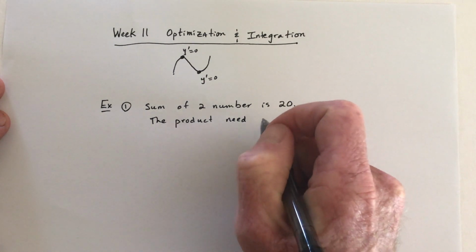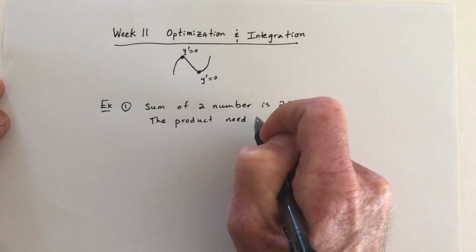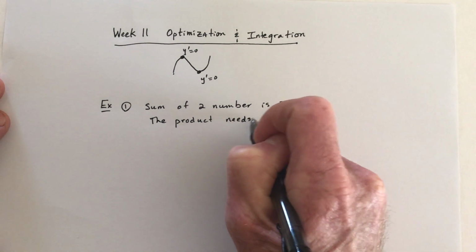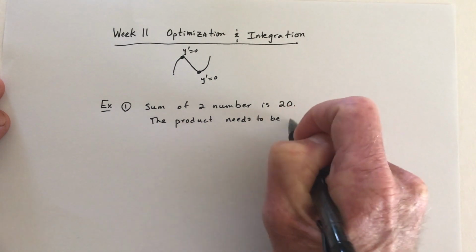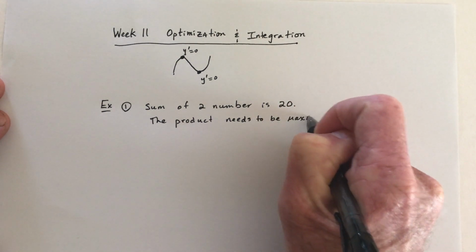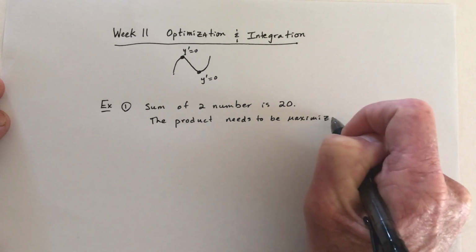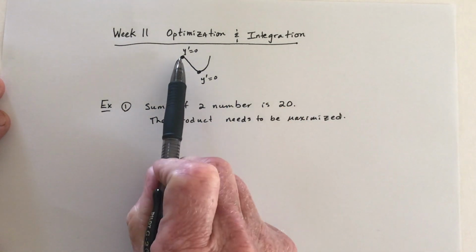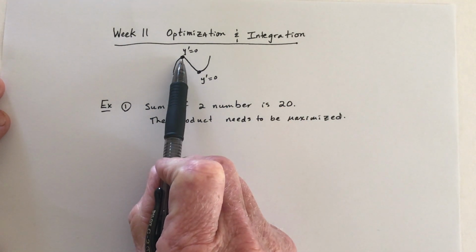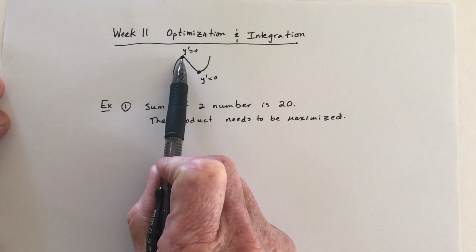In other words, when you multiply the two numbers, it needs to be as big as possible. All right. So basically we're looking for a situation like this, where we set the derivative equal to 0 and find out where there's the maximum.